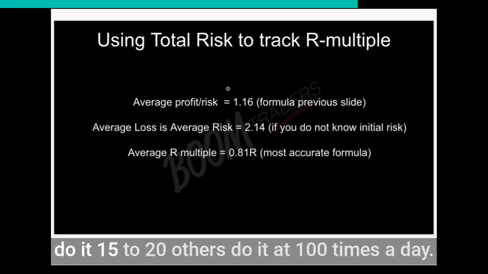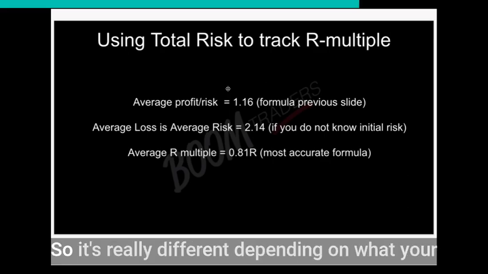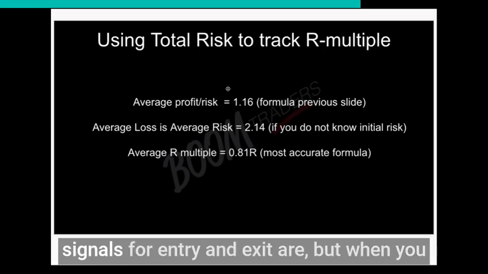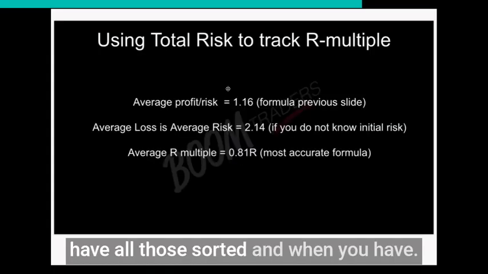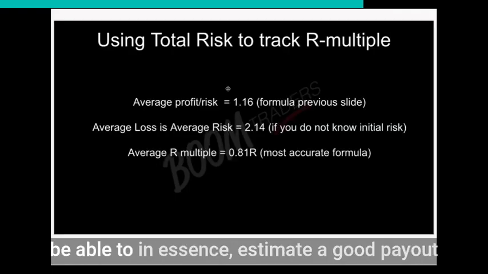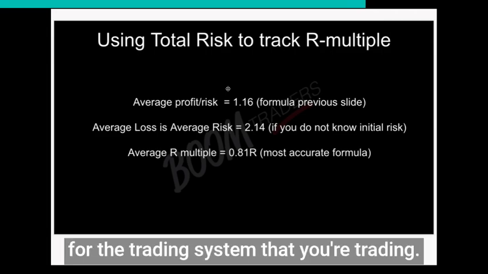Others do it at 15 to 20. Others do it at 100 times a day. So it's really different depending on what your signals for entry and exit are. But when you have all those sorted and when you have some sort of a good sample size, you would be able to, in essence, estimate a good payout for that trading system that you're trading.